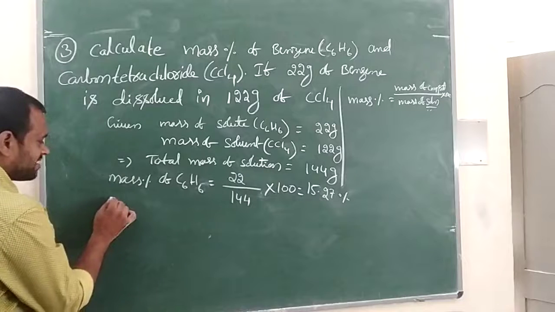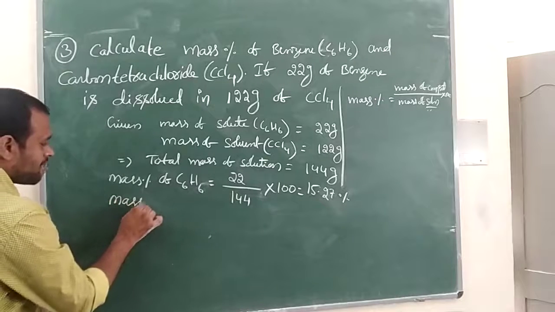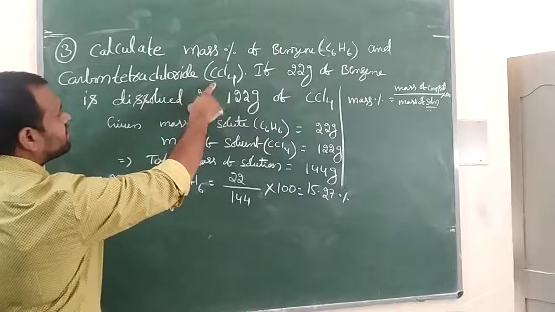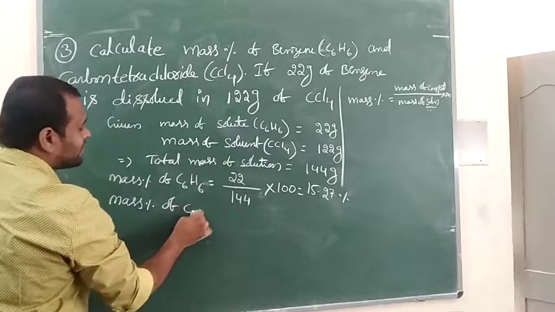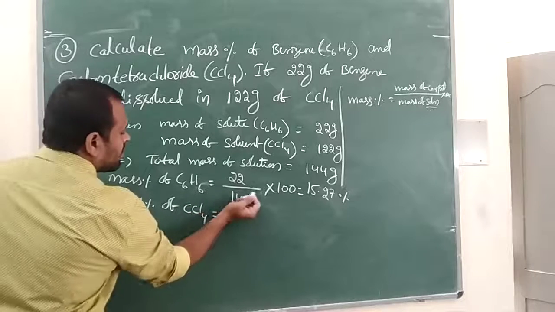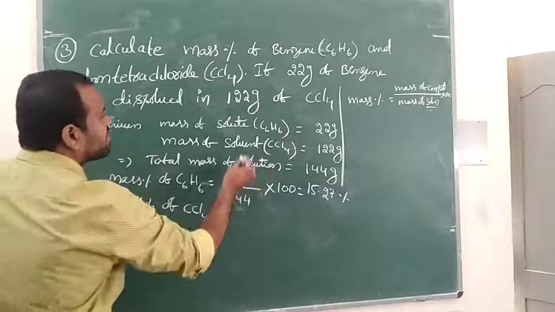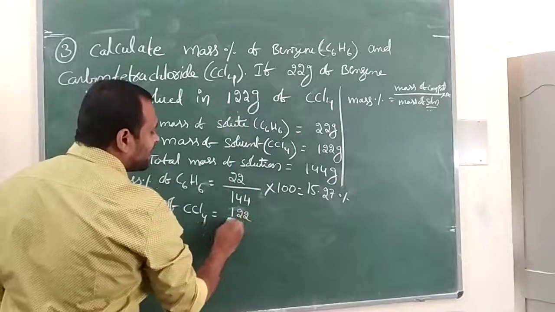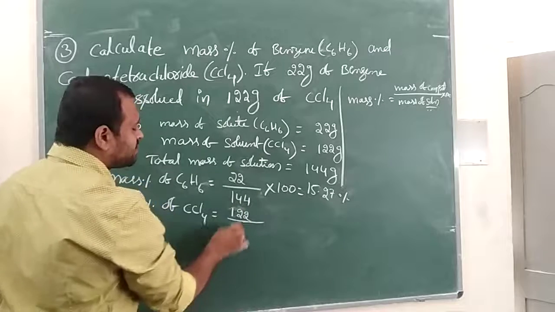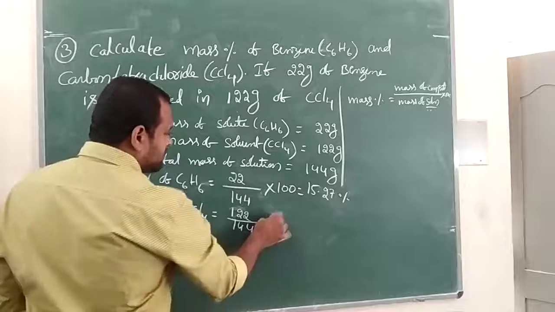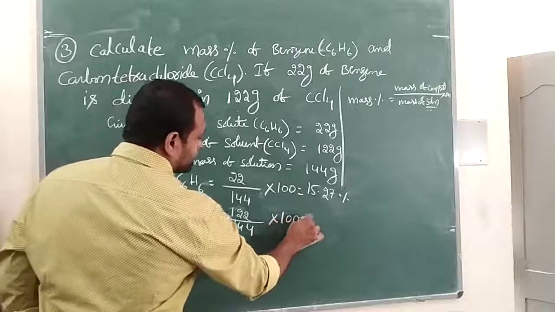Now, we have to find both, right? Mass percent of carbon tetrachloride equals the mass of component, 122, divided by the total mass of solution, 144, into 100.